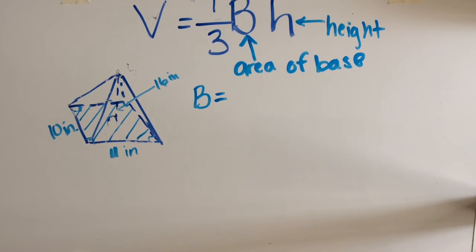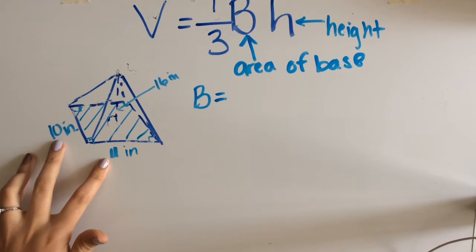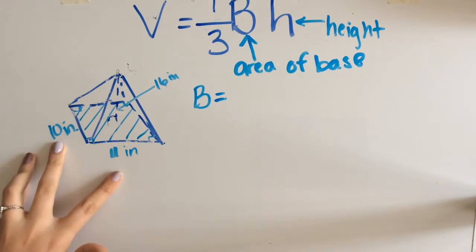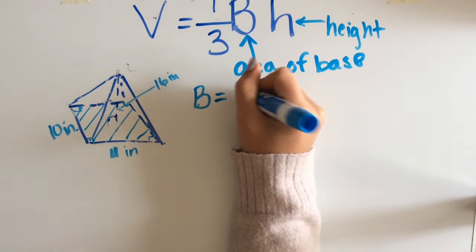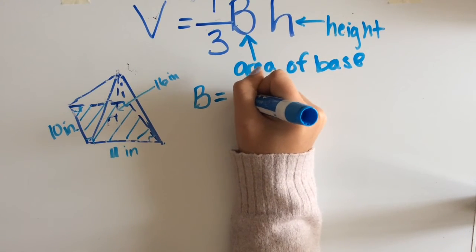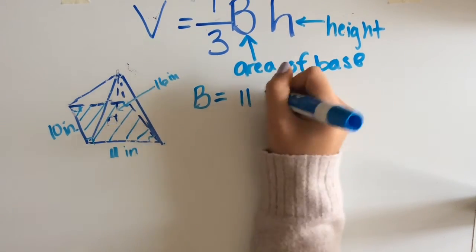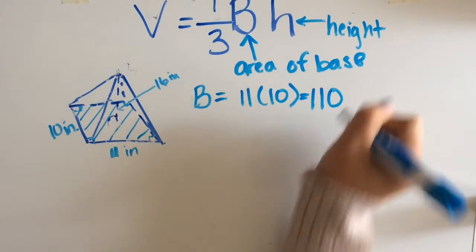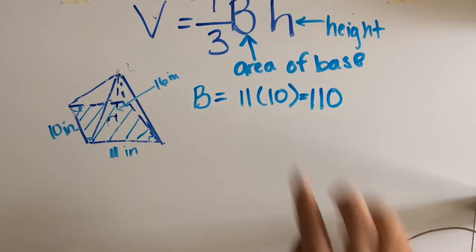It is a rectangle. So to find the area of a rectangle, we just multiply the length times the width, right? So we just take one side and multiply it by the other side. So the area of that rectangle is 11 times 10, which equals 110. So that's our big B.